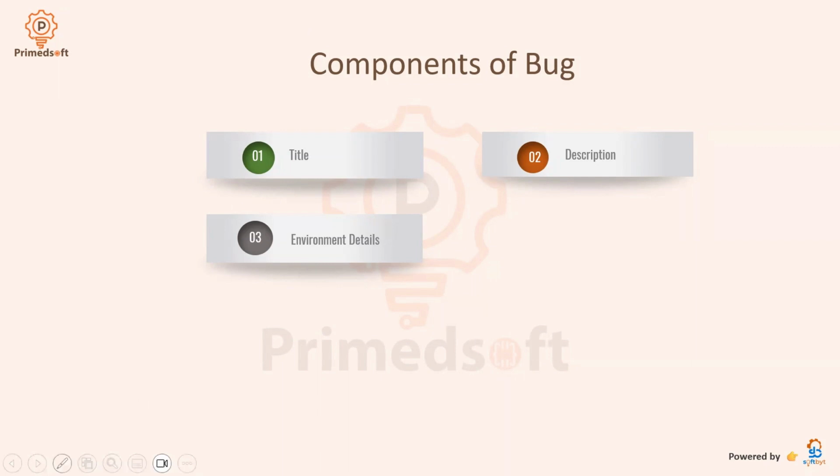Okay, so the next one that you need to mention is severity and priority. You have to state the severity and priority. The severity is the impact of the bug on the software functionality. It's usually categorized as critical. You have to mention if the severity is critical, major, minor, or if it's a cosmetic bug.